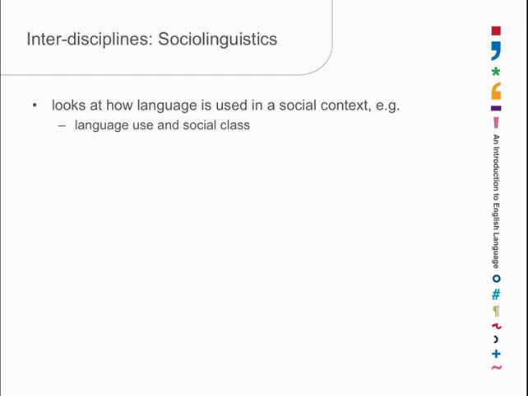It's also clear that in many societies, men and women don't use language in quite the same way. One of the major areas of research in the last 30 years has been to investigate the way in which the genders use language in different ways.